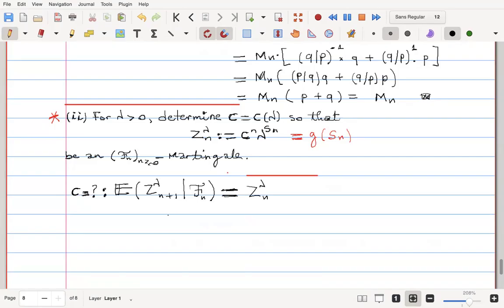So we can write it down. Z n plus 1 lambda, by definition, if we substitute that expression here, so that is c n plus 1.